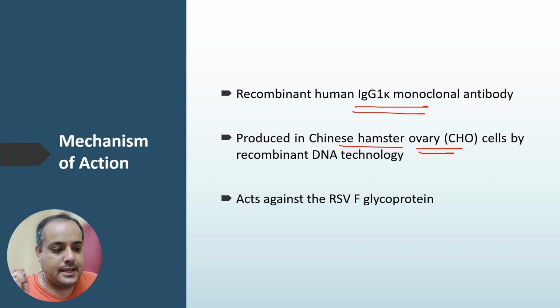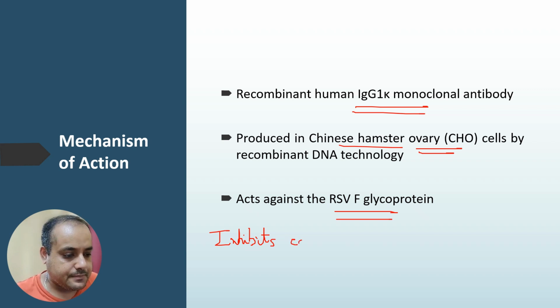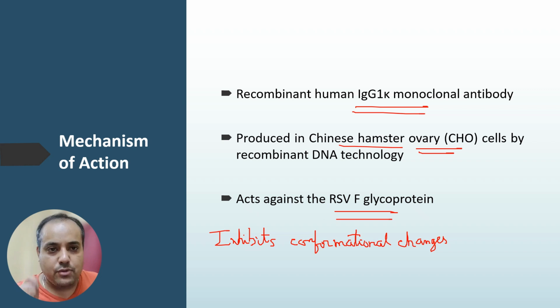Now we were discussing the F protein. This drug is acting against that F glycoprotein, and what it does is that it inhibits the conformational changes. Conformational changes of what?